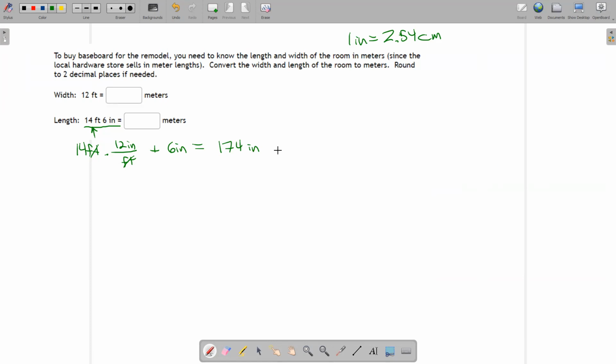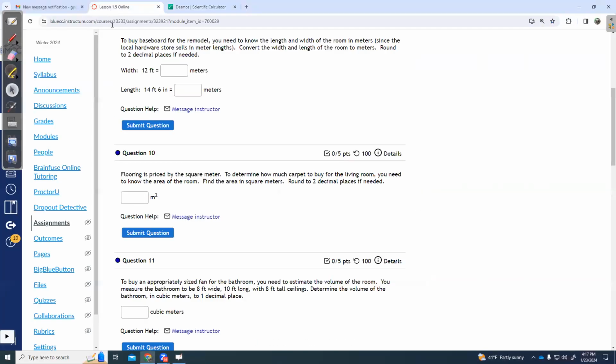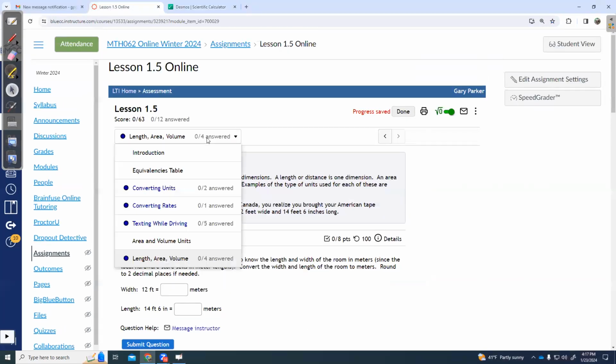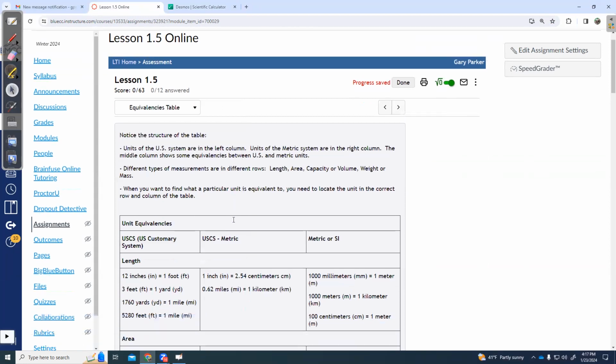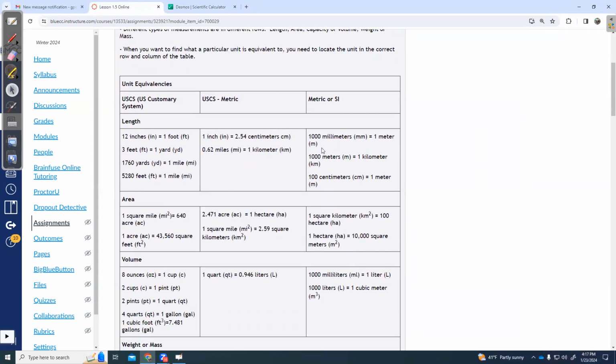And then I can use this to convert to centimeters. And inches has to go in the bottom, centimeters in the top. That tells me the 2.54 is a multiple to get rid of inches. And then I want to actually get to meters. And according to our chart on page 2 here, we have that 100 centimeters is 1 meter.